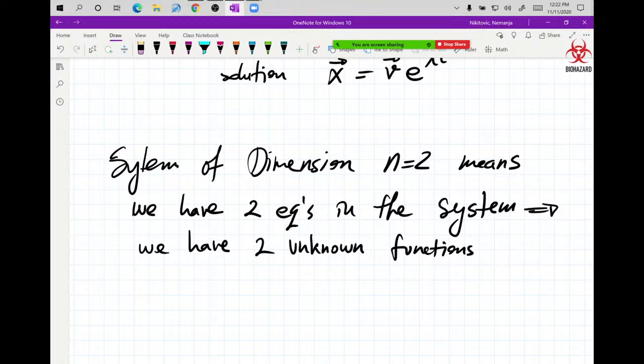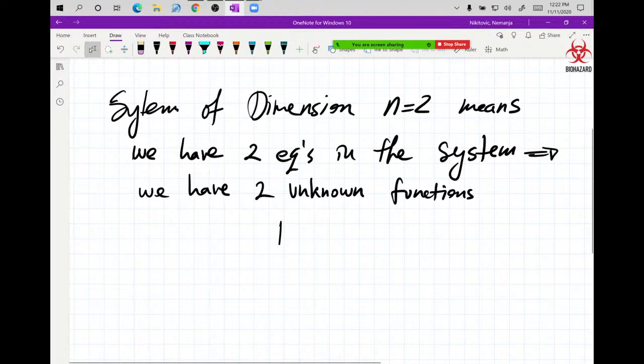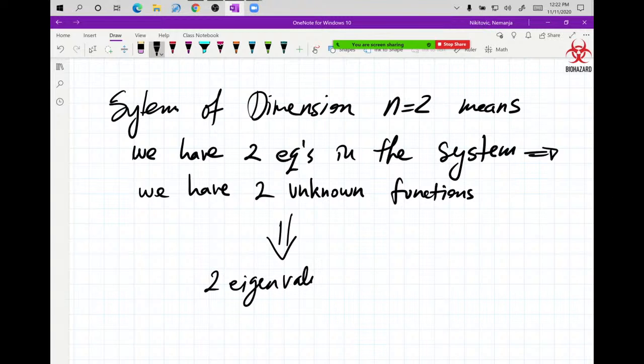Now, as soon as you have that, that means that your characteristic equation with the lambda will have 2 eigenvalues with 2 associated eigenvectors. So that's what we have.